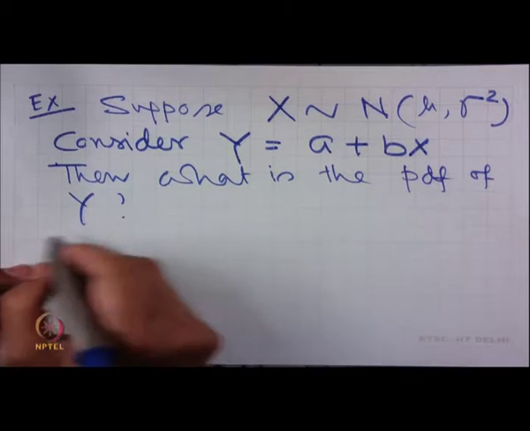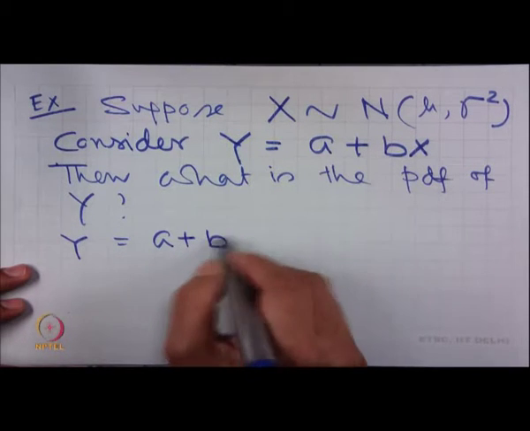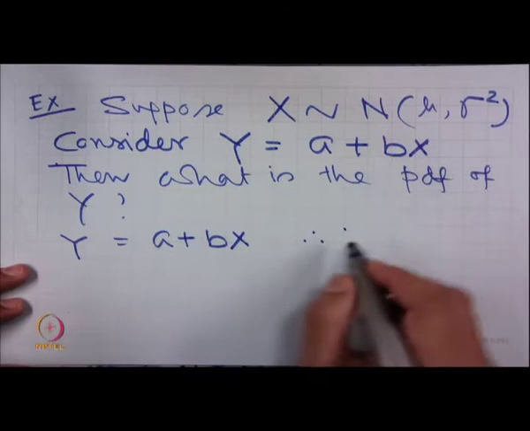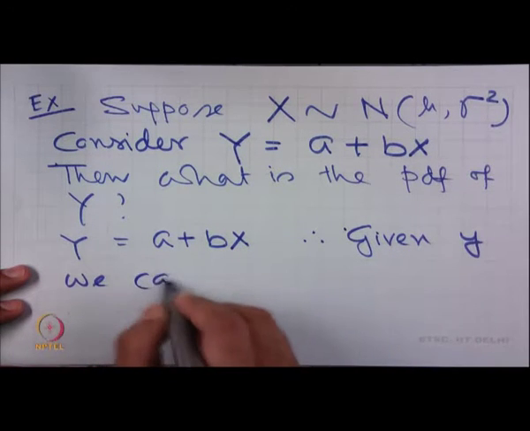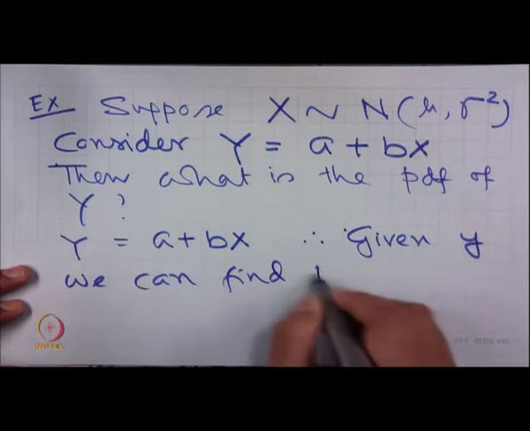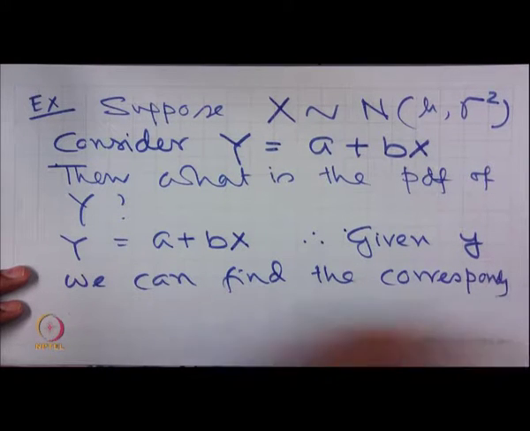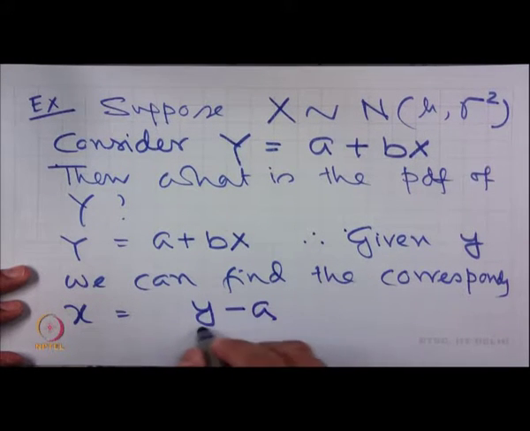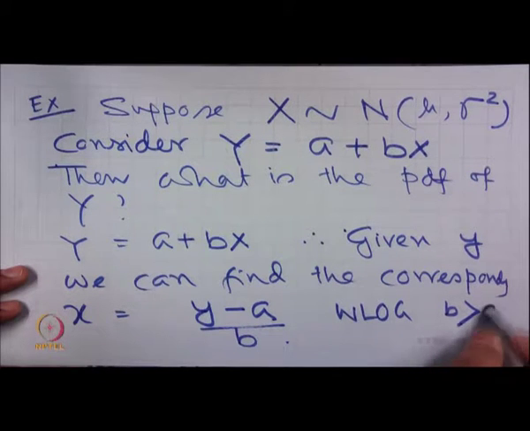So, we proceed in the following way: y is equal to a plus b x. Therefore, given a value of y, we can find the corresponding x is equal to y minus a divided by b. Without loss of generality, let b be greater than 0.